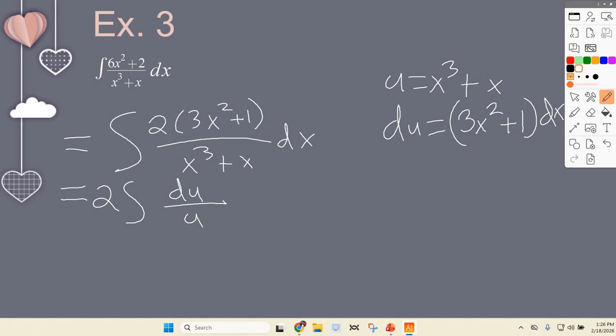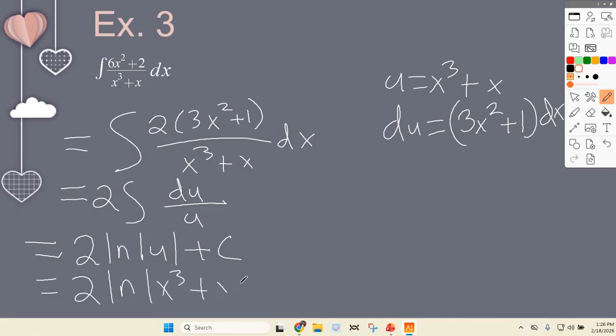Natural log of the absolute value of u. Okay. Now I still have a 2, so that still has to stay. And then again, we have an indefinite integral, so I'm going to plug my x's back in. What questions do we have there?